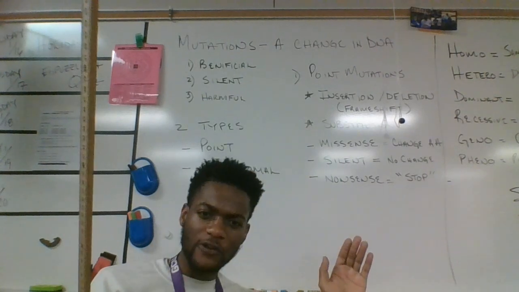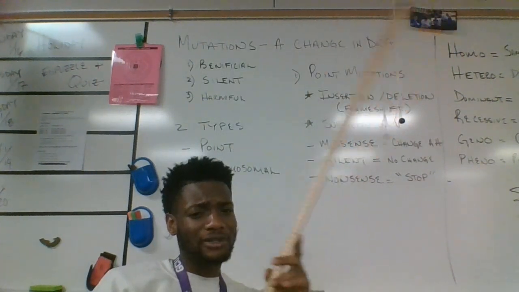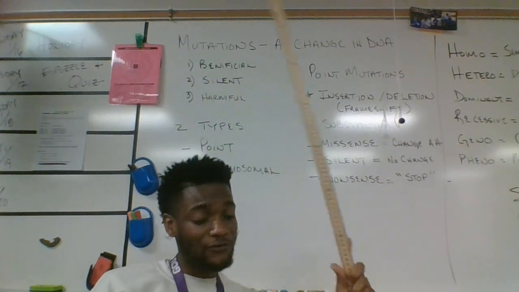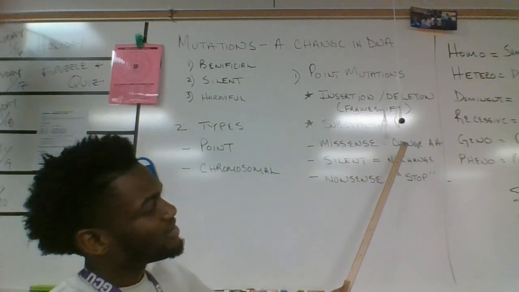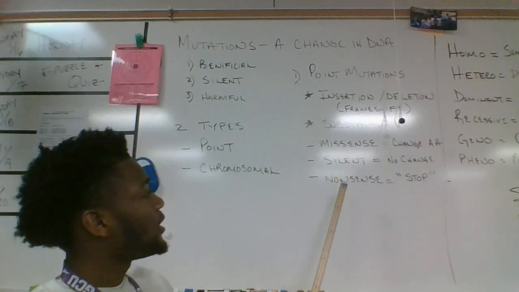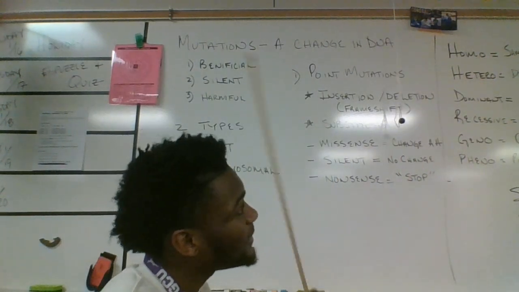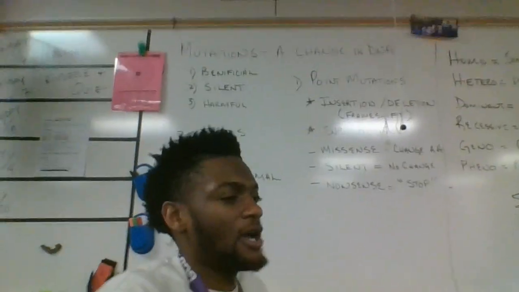We can't go any further. We can't go past this. 9 times out of 10, we have to go back and look at exactly where we got it confused or messed up, all right? So, missense, change in amino acids. Silent, no change at all. Nonsense, stop. All right, just keep that at the front of your foreheads, all right? Slide with me, slide with me.